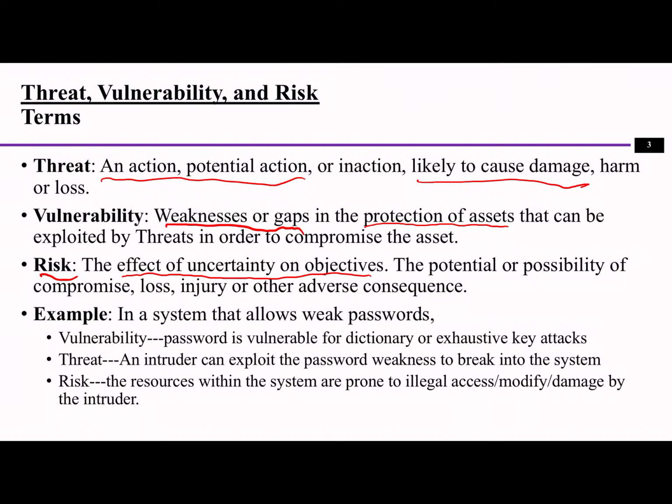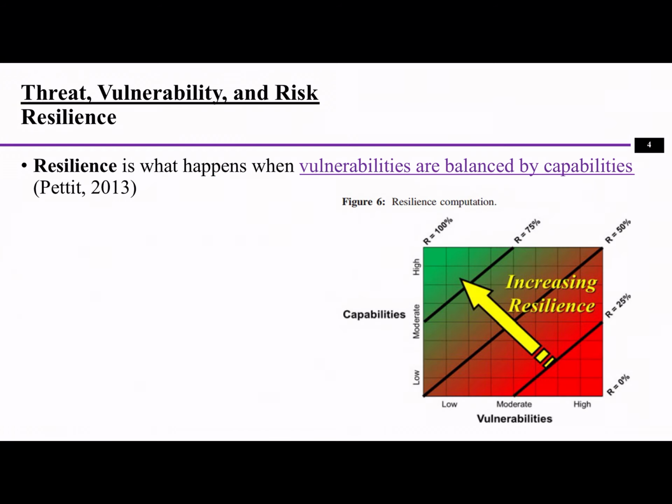The risk is that the resources within the system are prone to illegal access or damage by the intruder, which means the impact will be that resources from the system will be damaged or modified. So these are the three different terms: threat, vulnerability, and risk.